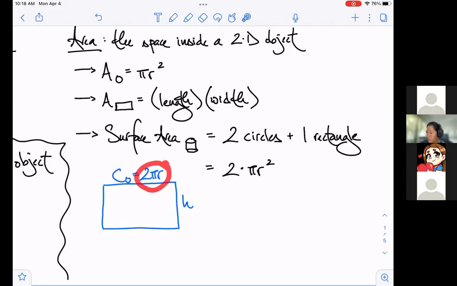When I look at that equation, 2 pi r, how many variables are there? Yeah, there's only one, right? Just the radius. But how do I find the area of this shape?